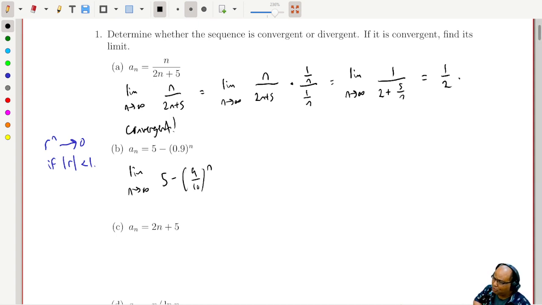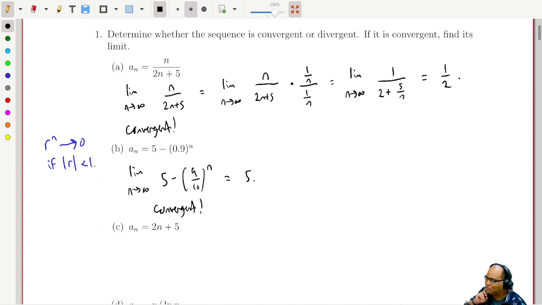Well, that's certainly a fraction smaller than 1 in absolute value. Think about it: if you put in 9 over 10 times 9 over 10 in your calculator and keep hitting enter, those numbers will get small pretty quickly. Because that term goes to 0, we have the leftover 5. So this is indeed a convergent sequence.